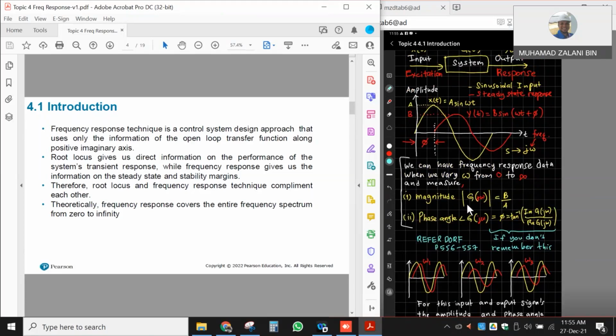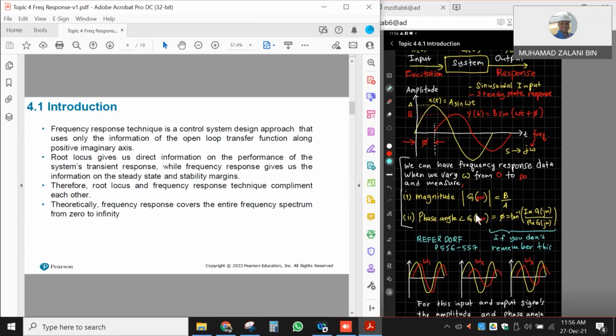We put the lines here, meaning the magnitude of this function, and it equals B divided by A, the magnitude of the output divided by the magnitude of the input function. And also the phase angle can be defined for G(j omega).